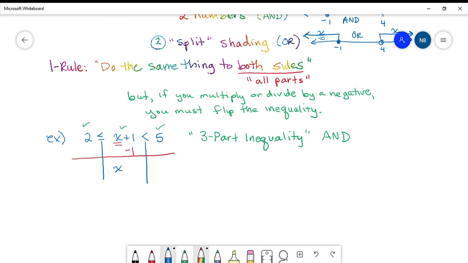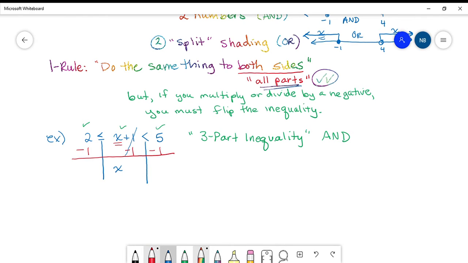Why does that work? Because 1 minus 1 is 0. Now if I subtract 1 from the middle part, I also have to subtract 1 from the left side and from the right side. That's what I meant up here when I said all parts, right up here.